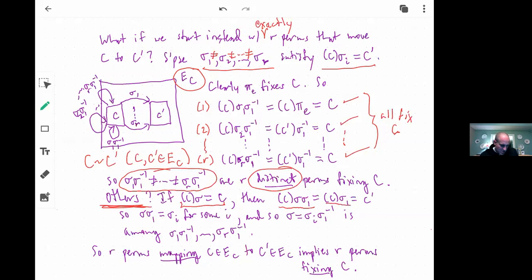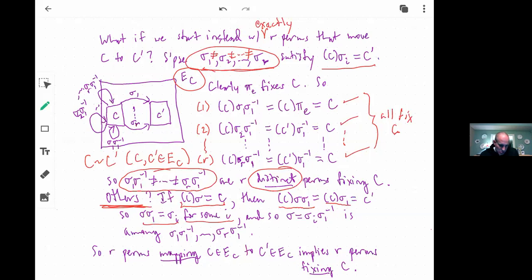So in other words, sigma 1 sent C to C prime. So that has to be accounted for among these sigma 1 through sigma R. Those were the only things that sent C to C prime. So sigma 1 would have to be equal to sigma I for some I.